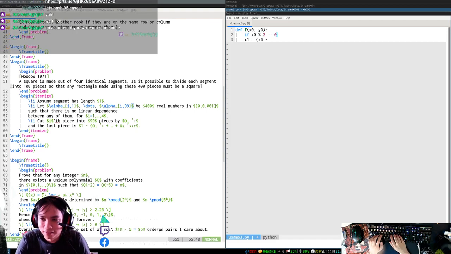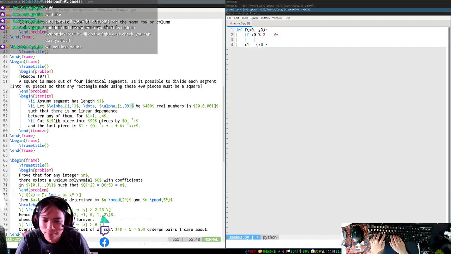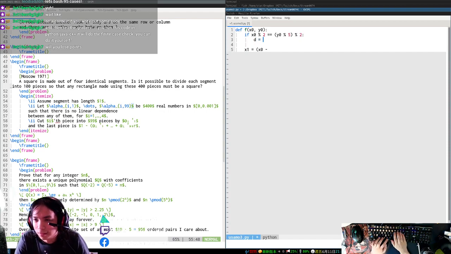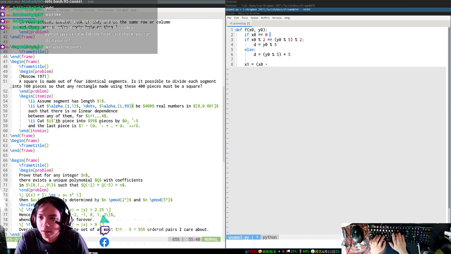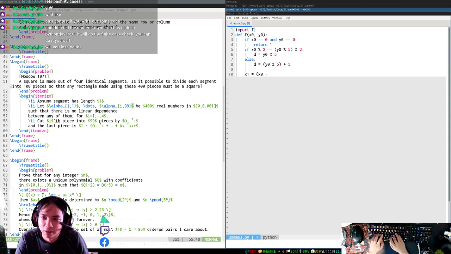If x0 is even, jeez, this is horrible. d equals y0 % 5, else d equals y0 % 5 plus 5. Okay, if x0 equals 0, I'm not going to optimize this code. Okay, fine, I'll optimize the code.